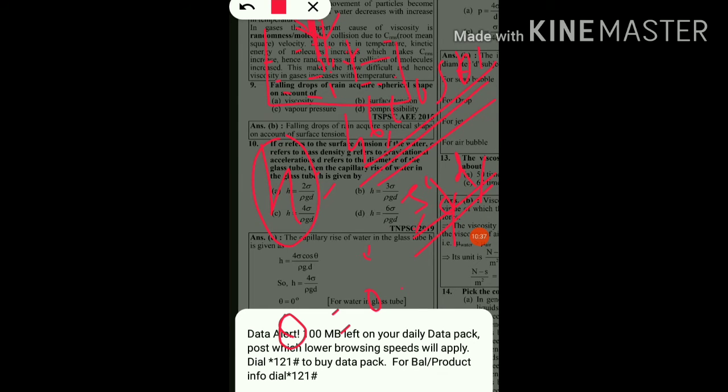Rho is the density, g is the acceleration due to gravity, and d is the diameter of the capillary tube. So here option C will be the right answer, that is 4 sigma upon rho g d, as theta is equal to 0, so cos theta will be equal to 1.